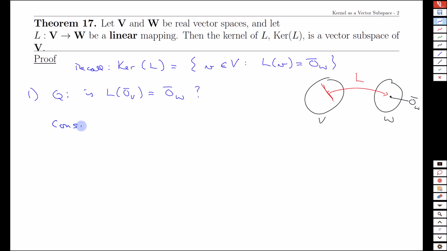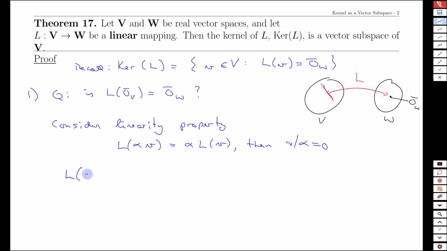If we consider the linearity property, that L of alpha V is equal to alpha L of V, then with alpha equals 0, the L of 0 times our vector V, and that's going backwards, that is the transform of the 0 vector in V, because whenever we take 0 scalar times any vector in our space, then we're going to get the 0 vector in our input space.